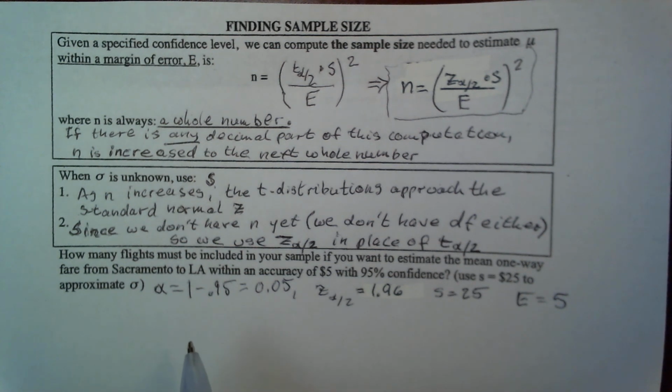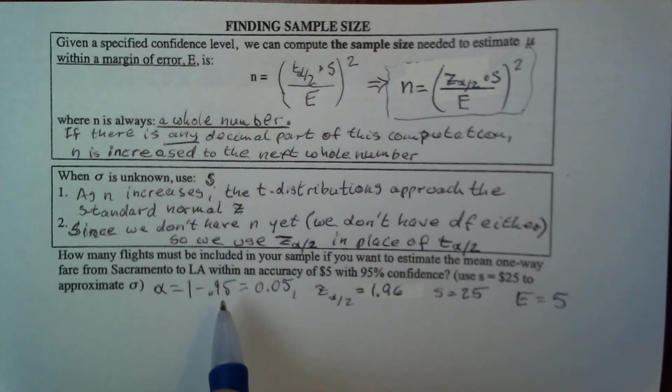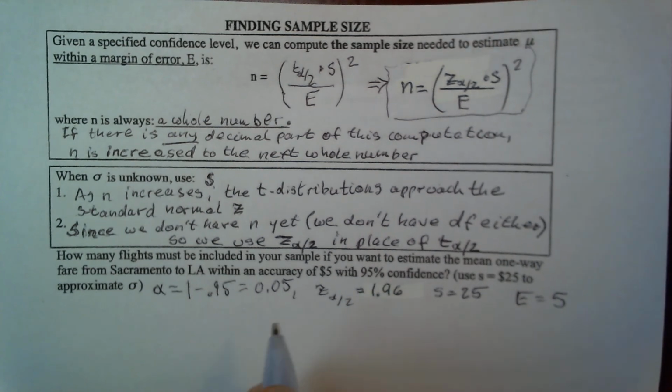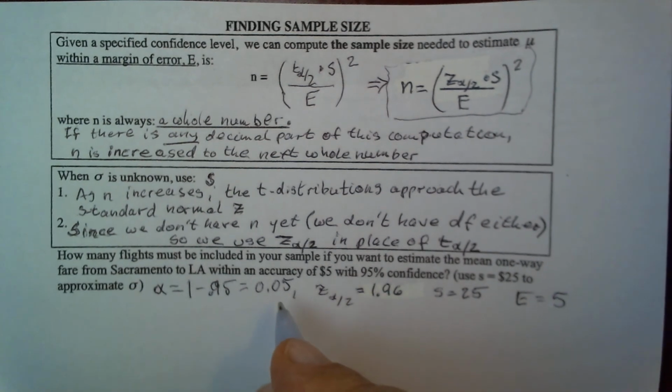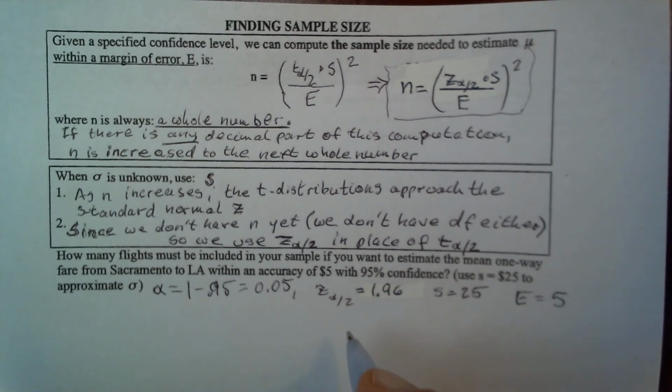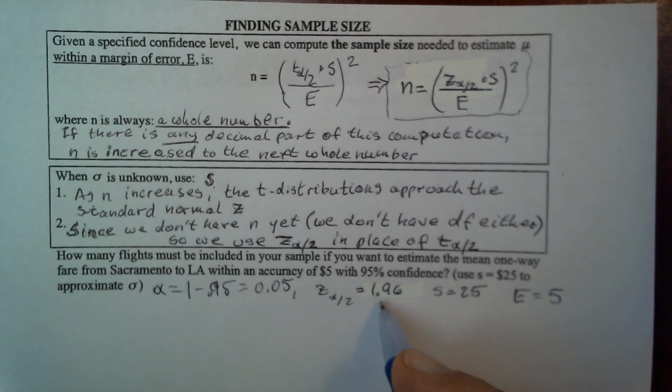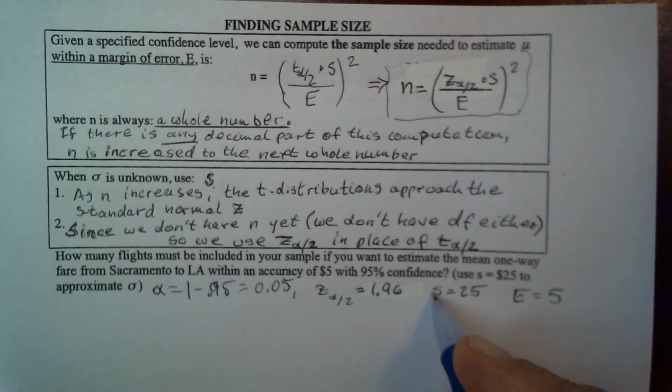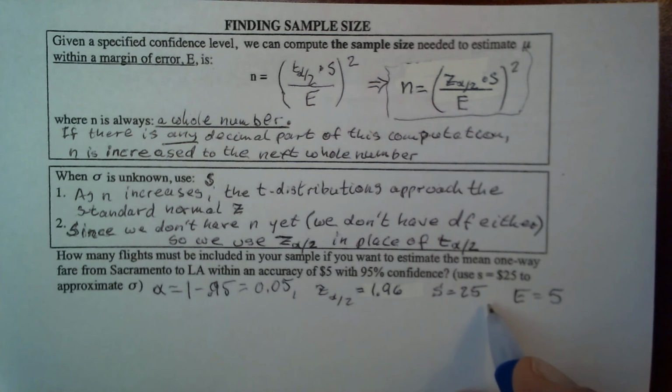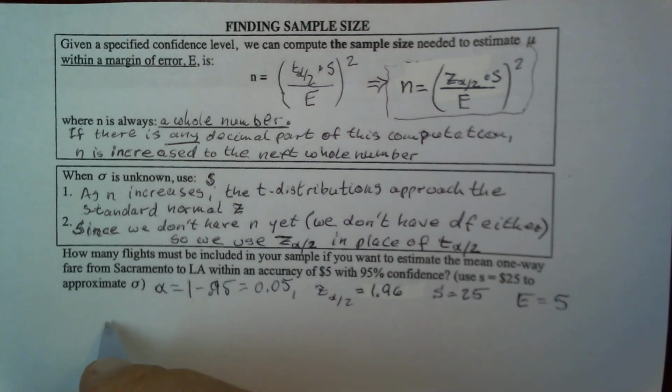Summarizing the information we have, alpha is 1 minus 0.95 since the confidence level is 95%. So that means alpha is equal to 0.05, and then z sub alpha divided by 2 is 1.96. We're given that S, the sample standard deviation, is 25, and that E, the margin of error, is $5 in this case.